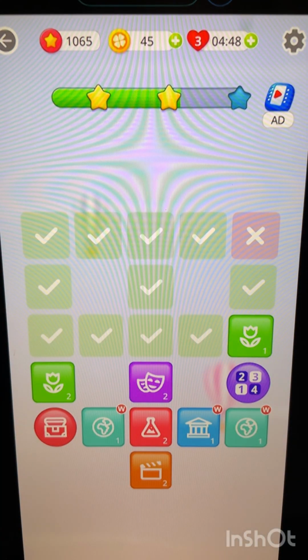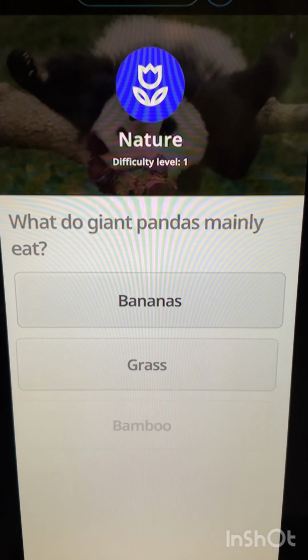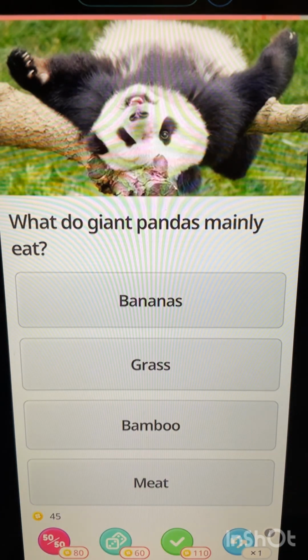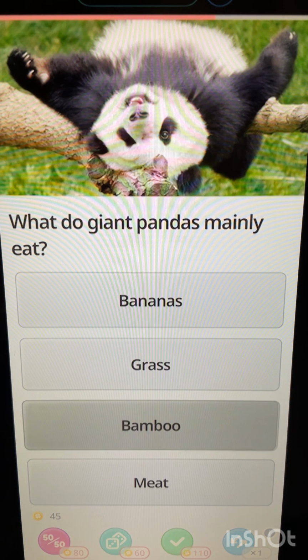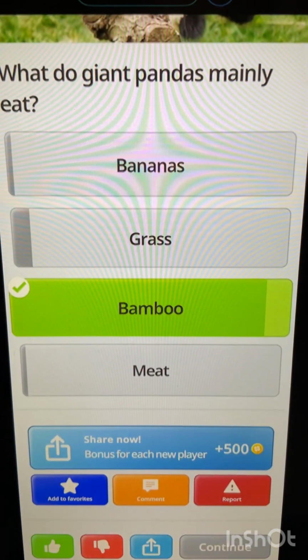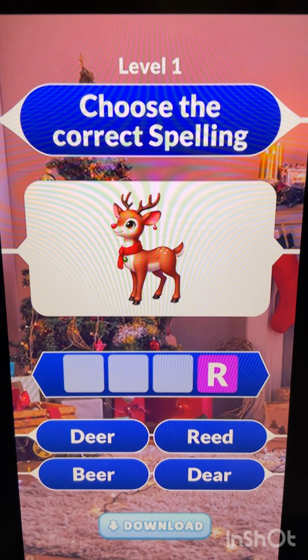So far so good. So we're going to go to nature, difficult level. What do giant pandas mainly eat? Bamboo, if I'm correct. Yes, I know that one. So, is that reindeer?